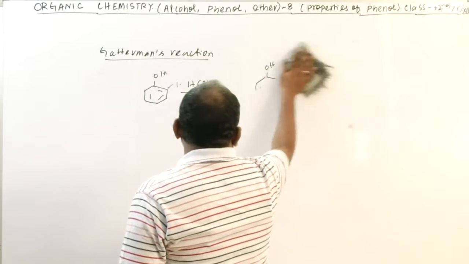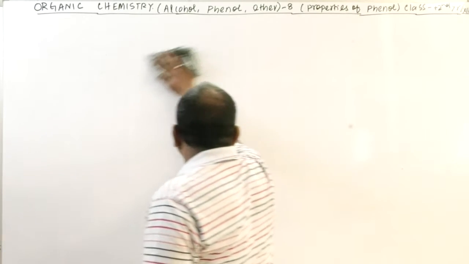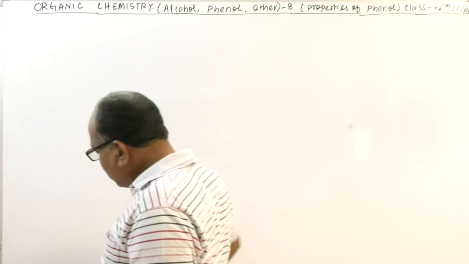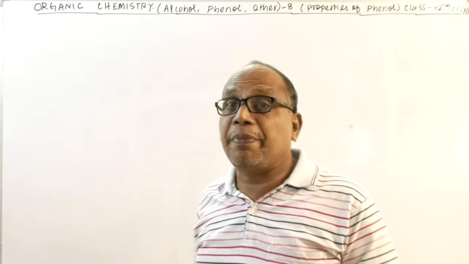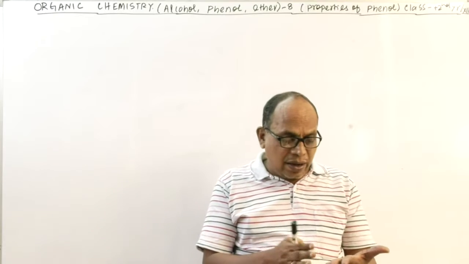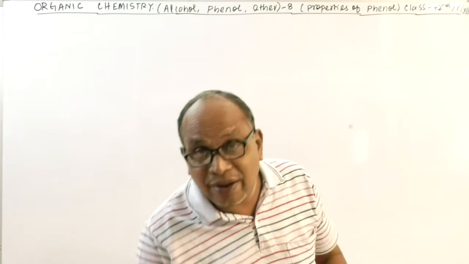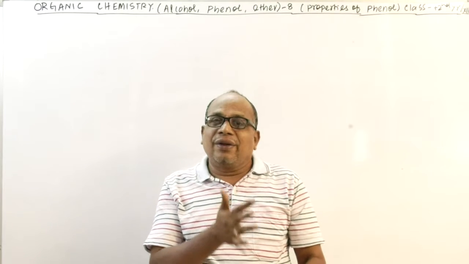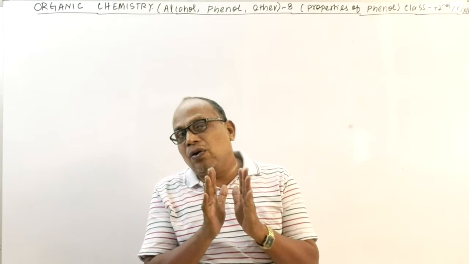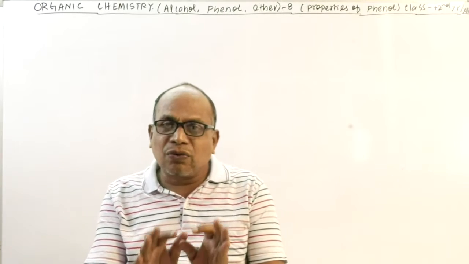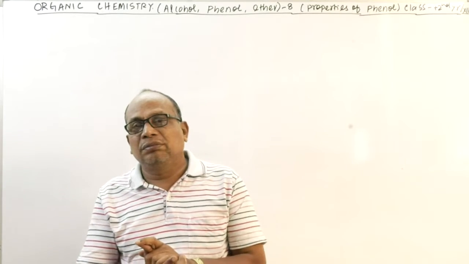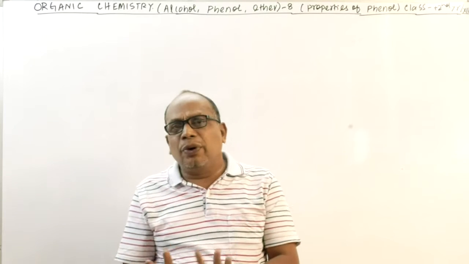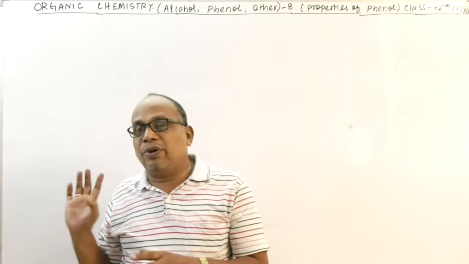So this is all about the reactions of phenol, a very important compound. From phenol we can also prepare many classes of compounds. Can you see the difference between phenol and alcohol? In alcohol, the alkoxide ion is quite unstable, and there is cleavage of the carbon-oxygen bond as well as the oxygen-hydrogen bond.